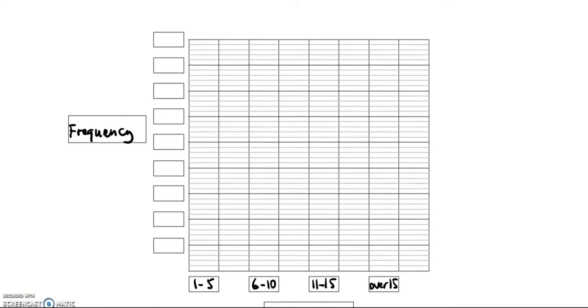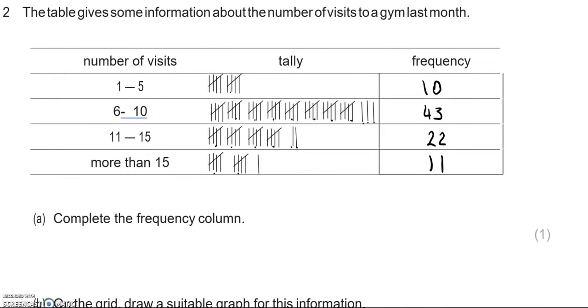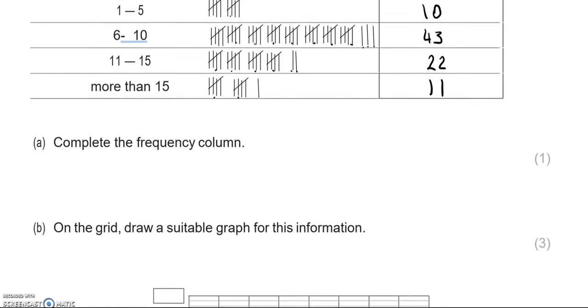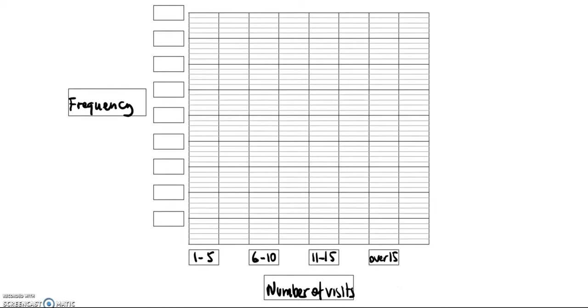And having a look at those frequency numbers, we've got them starting from 10 and going to 43. Let's see if it's going to work if we go up in 5. So starting from 0, go to 5, 10, 15, 20, 25, 30, 35, 40, 45.